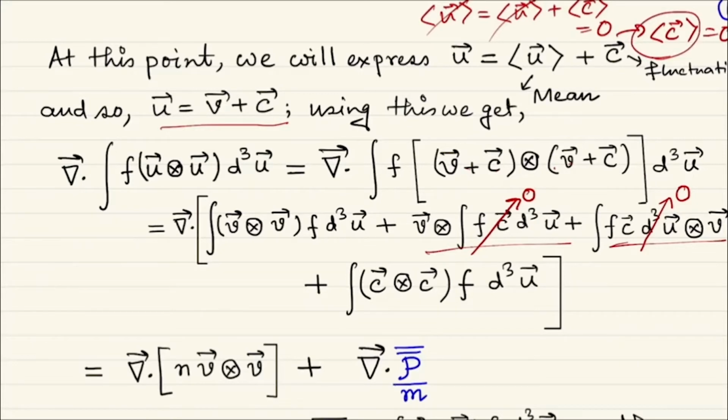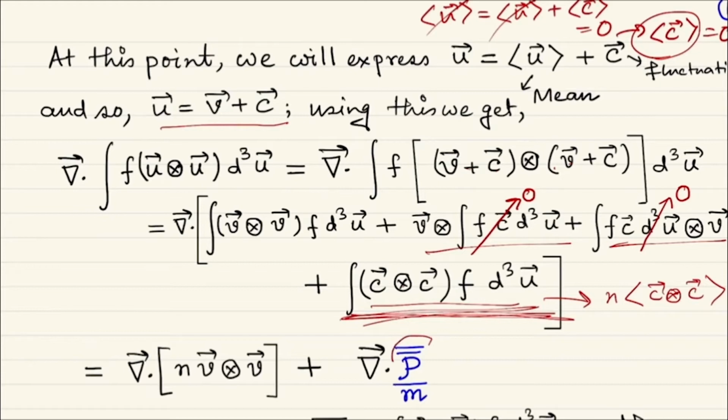The final term will contain only C, the tensorial product of the fluctuations. This is nothing but another way of writing n times C tensorial C. Everything is under divergence, so that thing is known as another tensor P, a second rank tensor, multiplied by the mass of the particle, and this P is known as the pressure tensor.